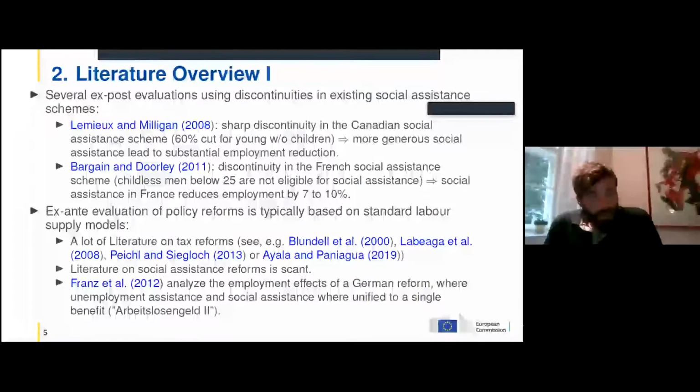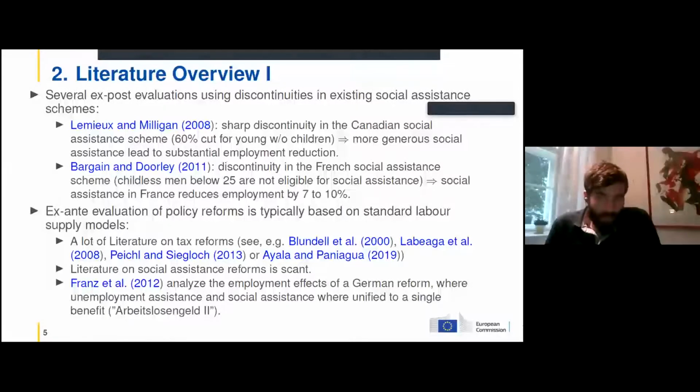Ex ante evaluation, as I told you, and as we are doing in this paper, is quite common in the literature, especially when it comes to policy reforms, and it is typically based on standard labor supply models. There's a lot of literature on tax reforms, such as Blundell and others 2000 for the UK, Labeaga and others in 2008 for Spain, Peichl and Ziegler for Germany, Ayala and Paniagua in 2019, which is a newer one, also on Spain.